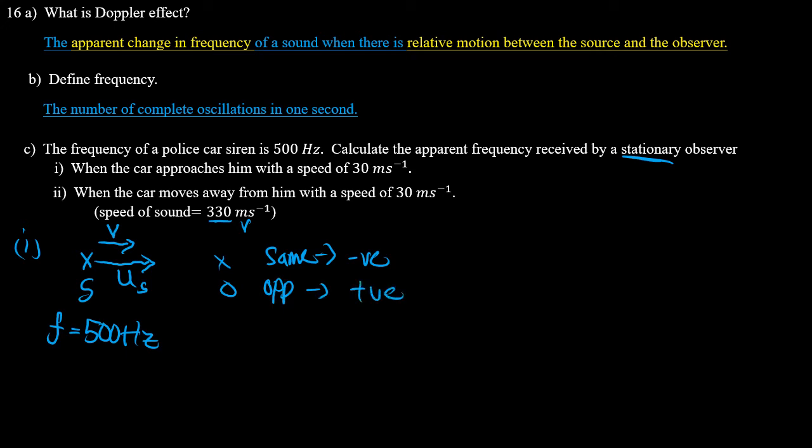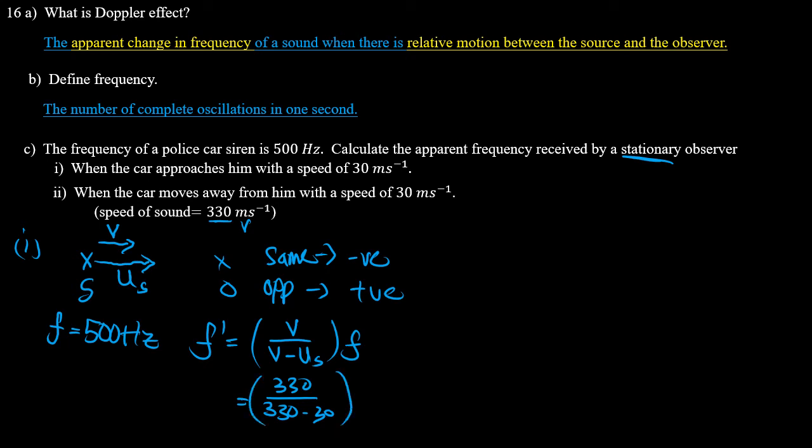So in other words, to calculate your apparent frequency, remember Vs is at the bottom part, so f' = V over (V minus Vs) times the initial frequency. Why? Because they are in the same direction. So we have 330 divided by (330 minus 30), since the car is moving at 30 meters per second, times 500.